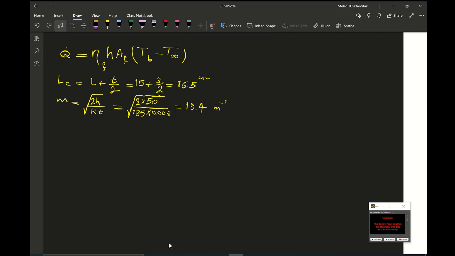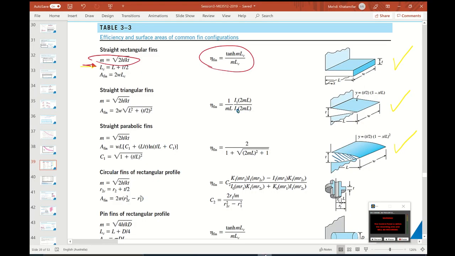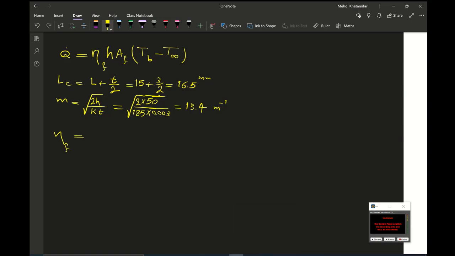So let's check the efficiency formula for a rectangular straight fin. The efficiency formula is tanh(mL) divided by mL. So it is going to be tanh(mLc) divided by mLc.